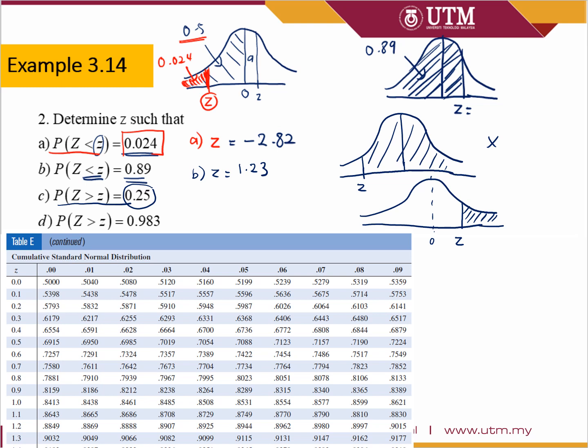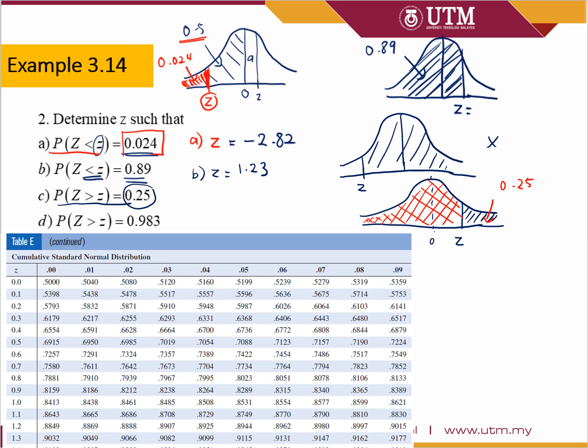So how to find this? Remember the table that we have. The area covers the value of Z less than z. We know that this area is 0.25, but the value in the table shows the area on the left side of the Z score.